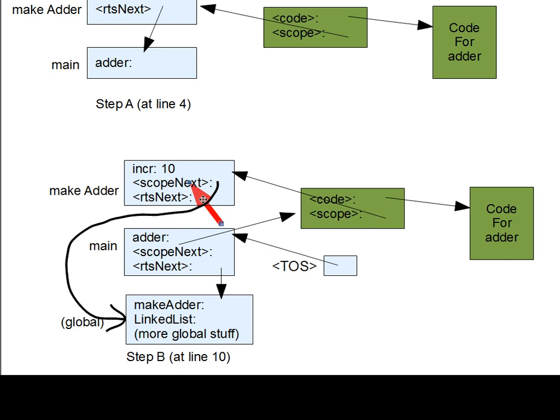JavaScript follows RTS next to know what execution context to return to when the current function returns. The RTS next, which I've now added back in dashed lines from the execution context for makeAdder, pointed to the execution context for main. And that's what we return to after makeAdder. JS follows scope next when hunting for a variable name.